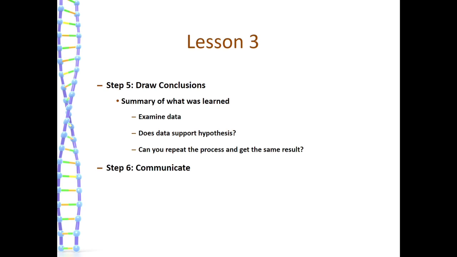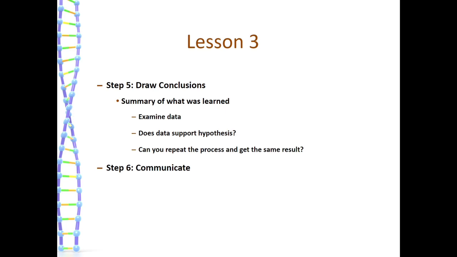We think about all the research that's done with cancers and different types of diseases. We want those scientists doing their research and experimenting to do their experiment over and over and over again, with hopefully the same results occurring each time. If they're getting different results each time, that could be a number of different things that have gone wrong.